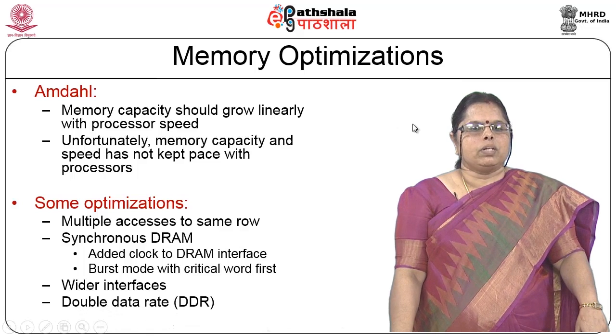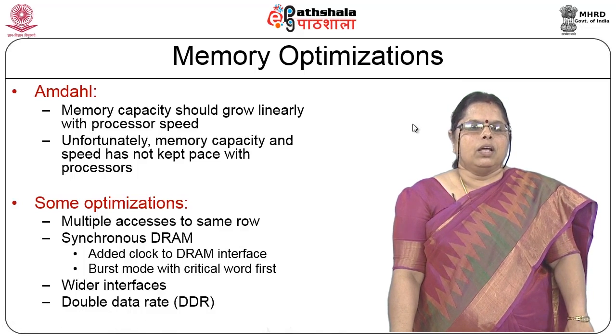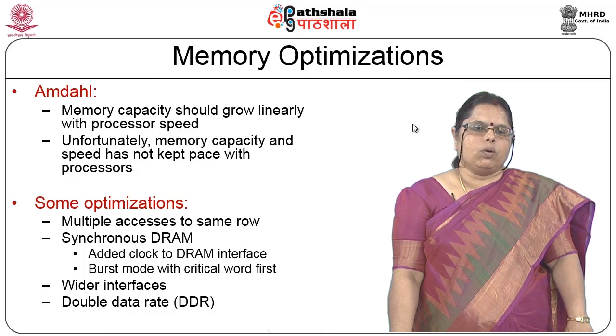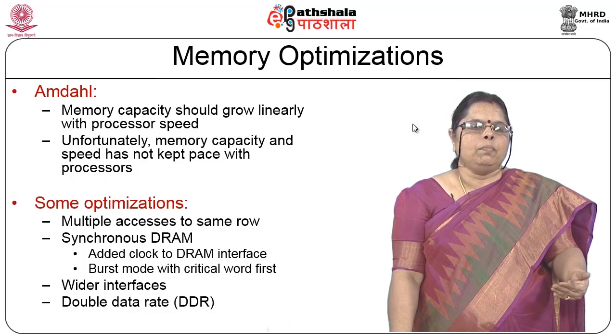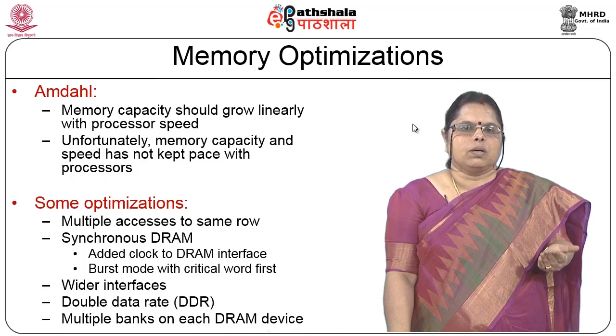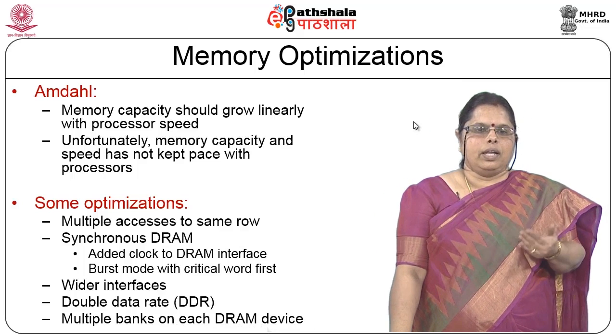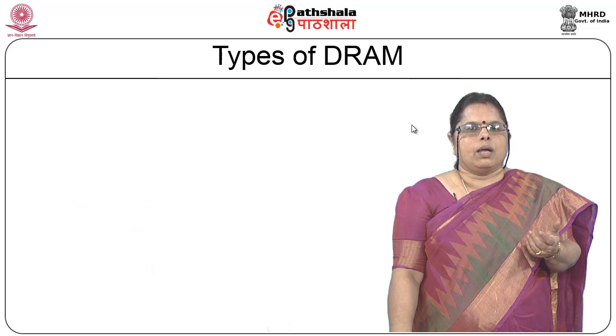Another optimization is going in for wider interfaces, and another is a double data rate DRAM, where data is transferred at double the rate compared to your normal DRAM. You can also look at multiple banks on each of these DRAM devices.